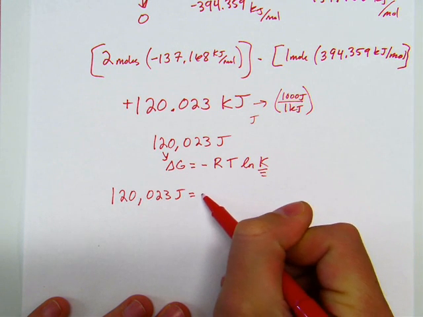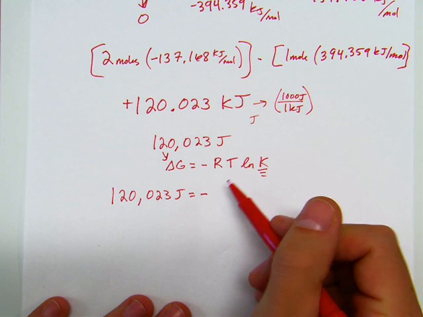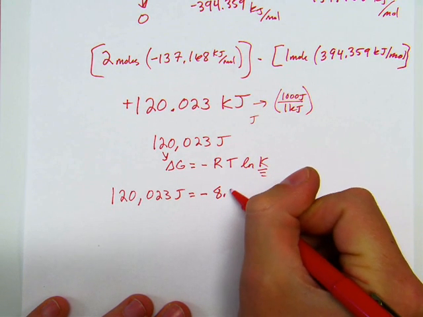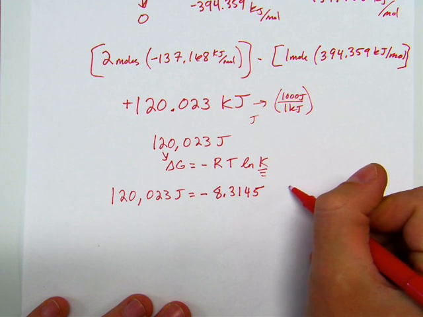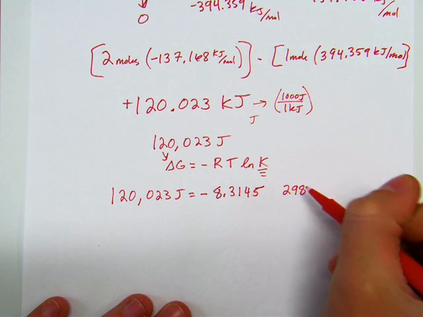So I type in my delta G, or place it in there, 120,023 joules equals negative, my R constant comes from my reference packet, 8.3145 times my temperature, 298.